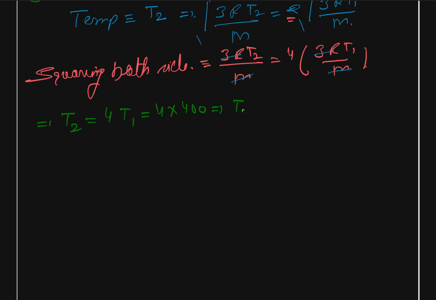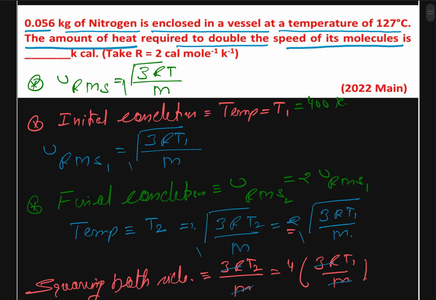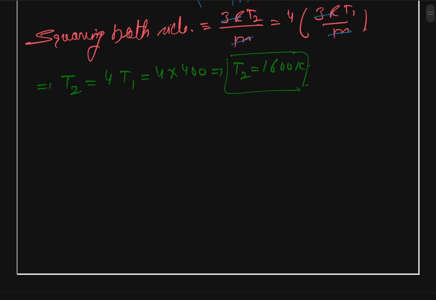This gives us that our T2 will be equal to 1600 Kelvin. And we have to find out the heat required to double the speed.